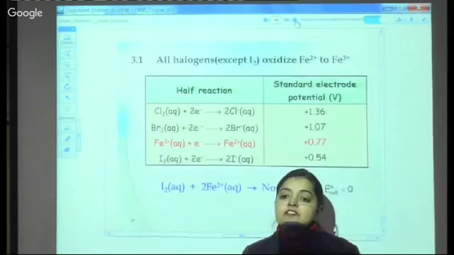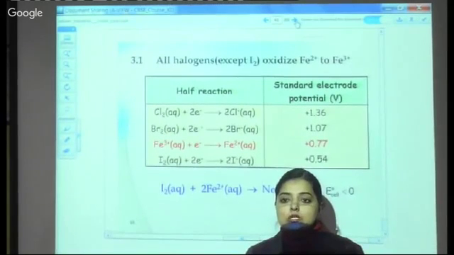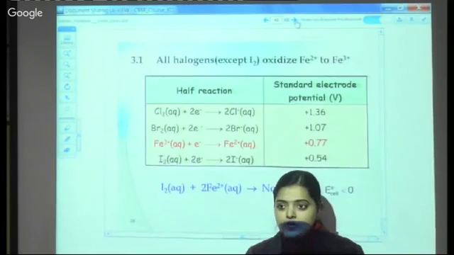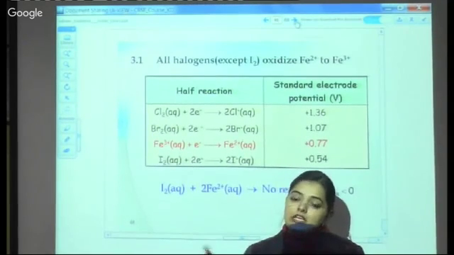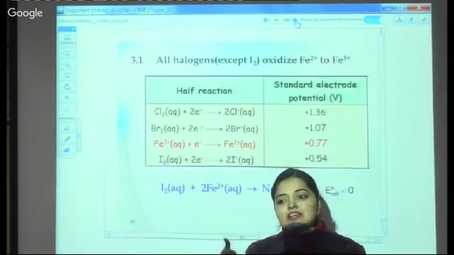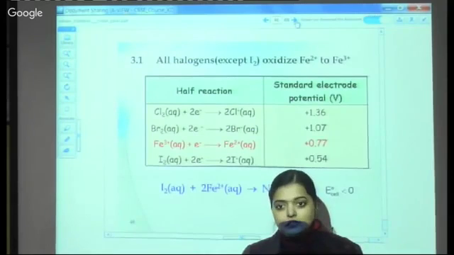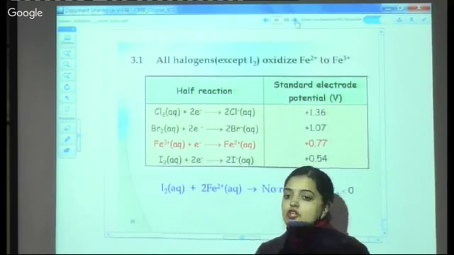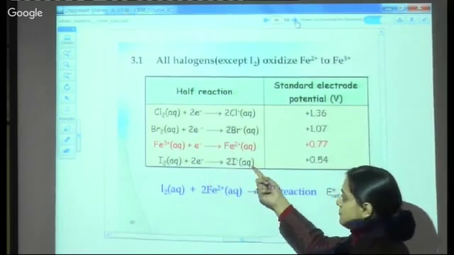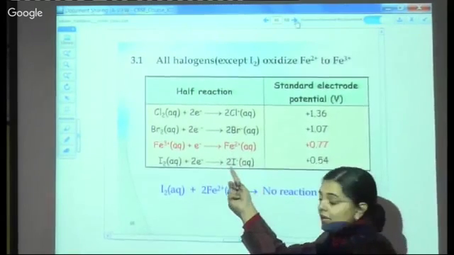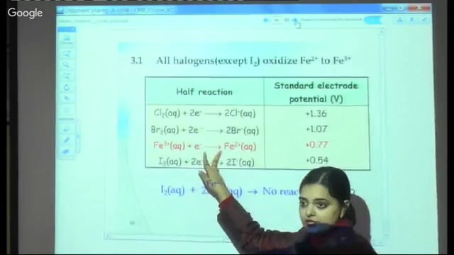You get to see the feasibility of the reaction comes up if E naught is positive. Fine. Delta G should be negative for a spontaneous reaction, and delta G is equal to minus nFE naught, so E naught should be positive. If this is to be reduced and this is to be oxidized, the reaction is to be inverted.